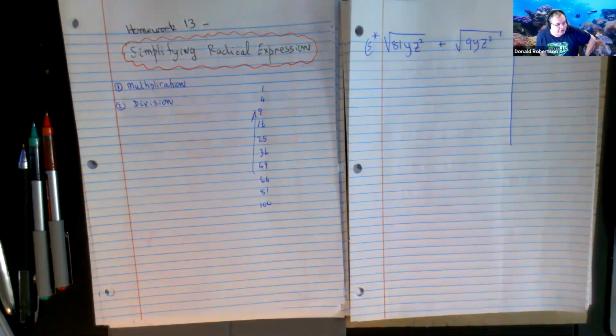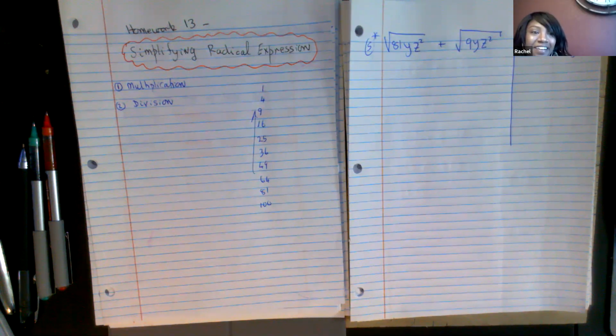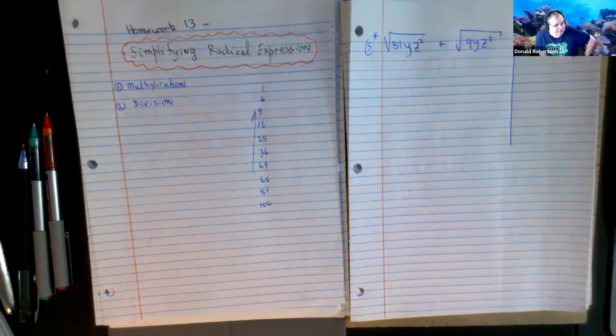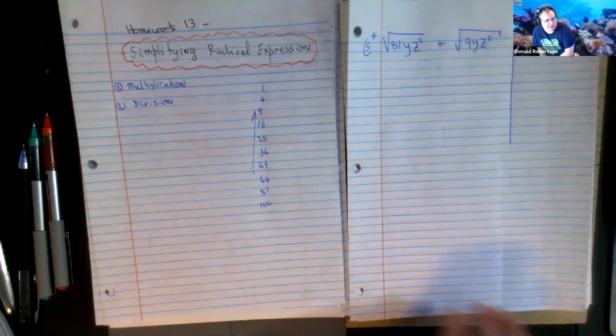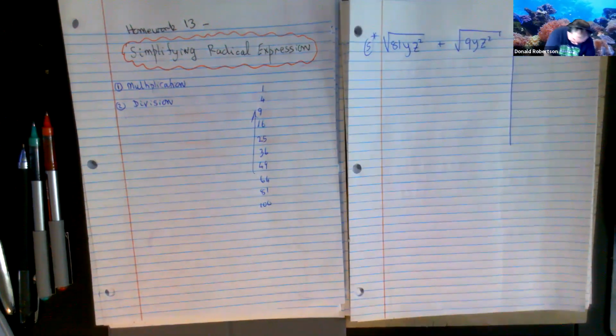Alyssa, you didn't say Z. Rachel, yes. It's not Z. What letter of the alphabet is it? Z. Alyssa, shame on you. You should be embarrassed. Are you suitably embarrassed now? Can't take you anywhere. There we are. 9 square root of YZ.